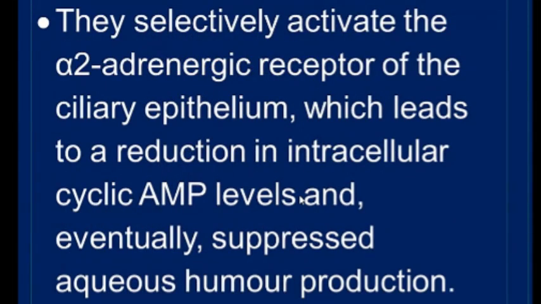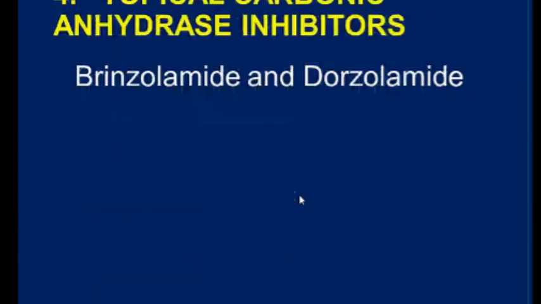They are called alpha-2 agonists because they selectively activate the alpha-2 adrenergic receptor of the ciliary epithelium, which leads to a reduction in intracellular cyclic AMP levels. AMP is adenosine monophosphate, and they eventually suppress aqueous humor production.